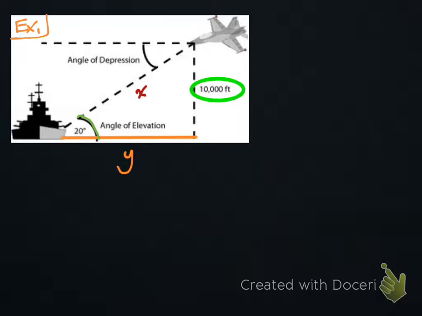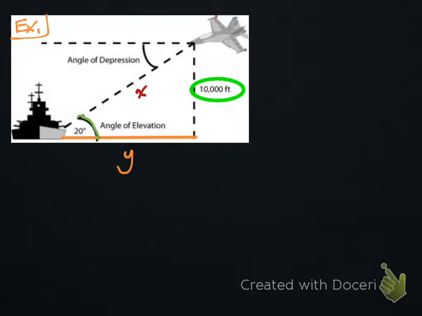Now before we look into solving this problem, I want to point something out here, because if you notice at the top of the screen here, it also gives us the angle of depression. Now, if I wanted to compare those, if you notice, this orange line that I drew at the bottom is exactly horizontal.